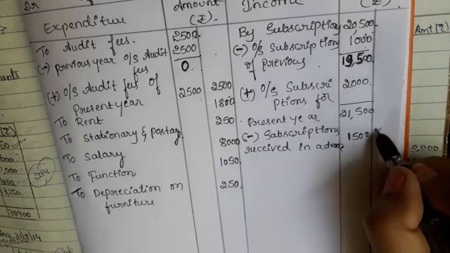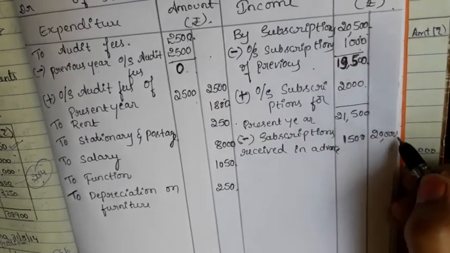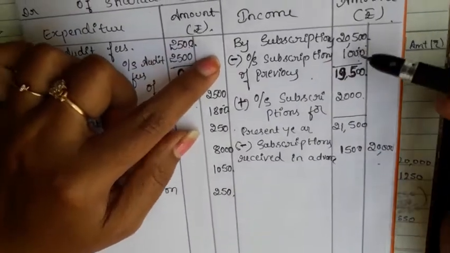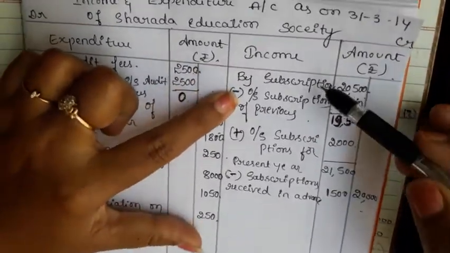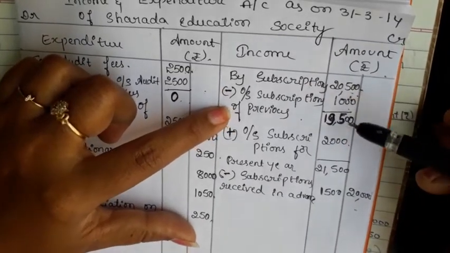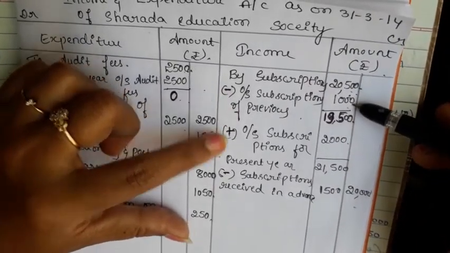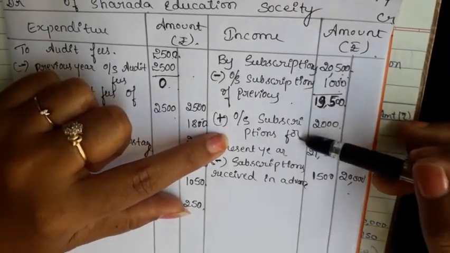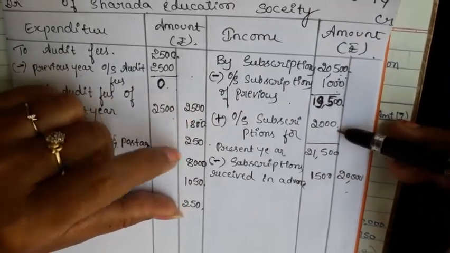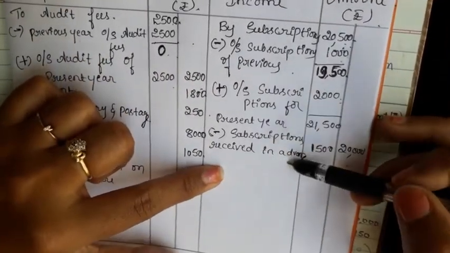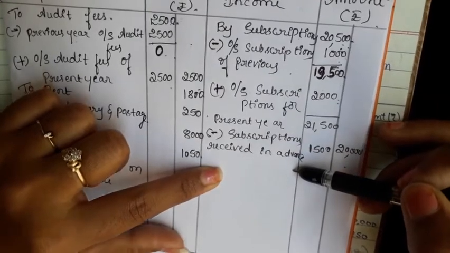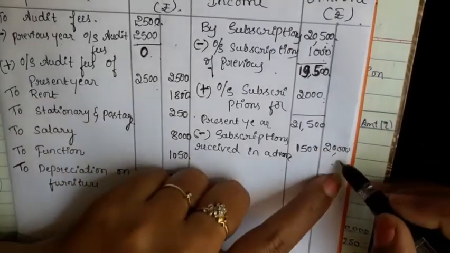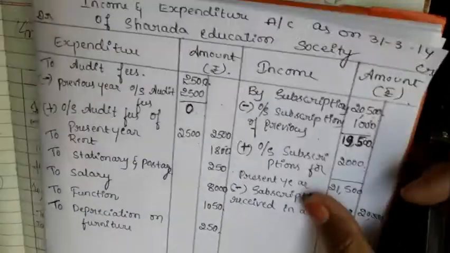So rupees 20,000 is the subscription generated for the present year. So we have received 20,500 in the present year. Out of rupees 20,500, 1,000 rupees is for the previous year. So remaining 19,500. Add the outstanding subscription for the present year, rupees 2,000. Subscription received in advance is considered for next year, but in rupees 20,500 it is also included. So the present year subscription amount is only rupees 20,000.